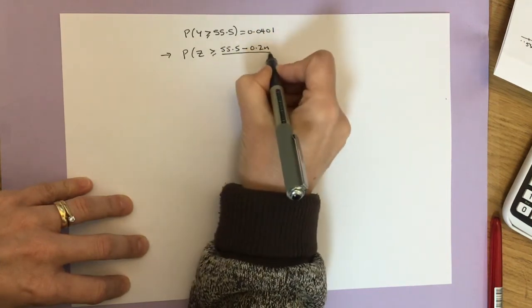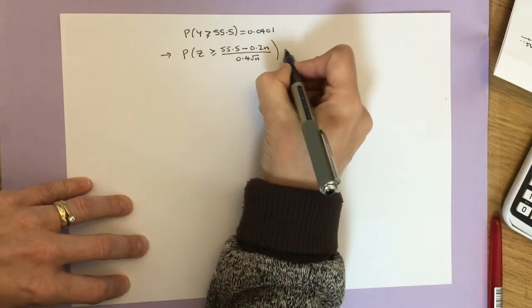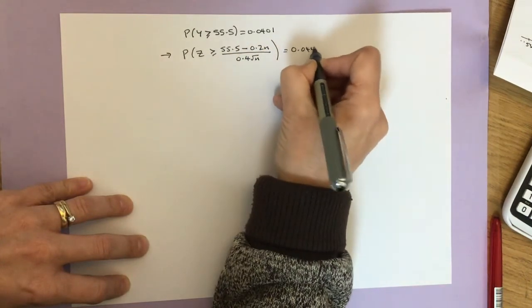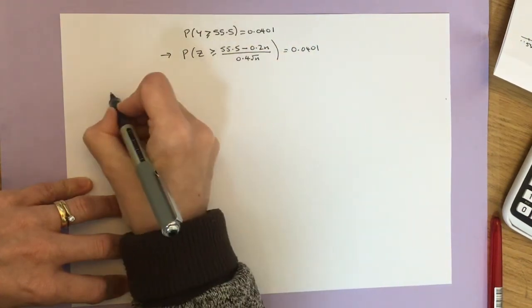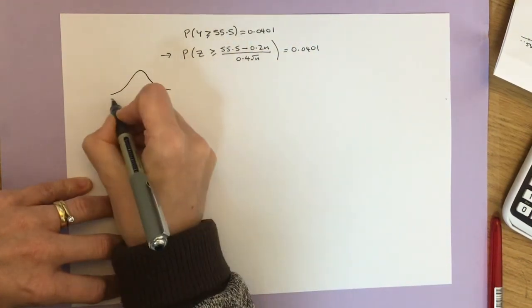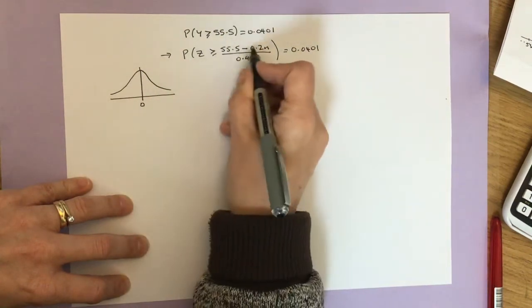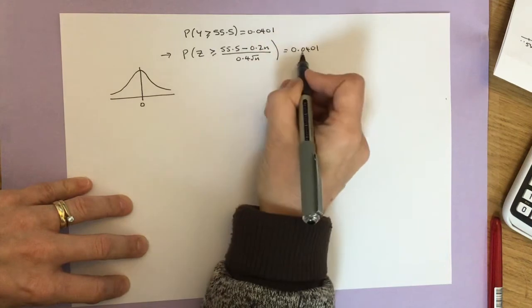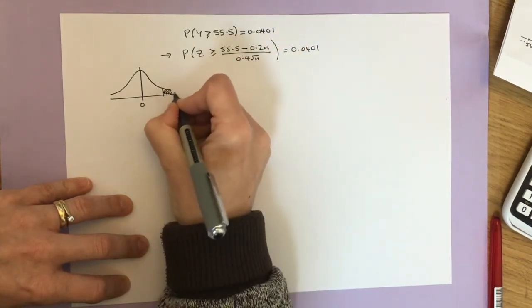I divide by the standard deviation, which in this case is 0.4 root n, and that probability, we're told, is 0.0401. Okay, quick sketch. So the probability of being greater than whatever this Z value is 0.0401, so 4%, so that's up here somewhere.